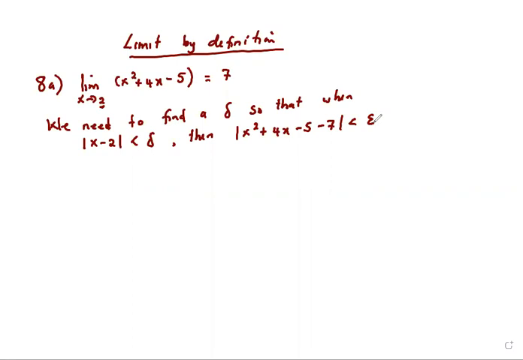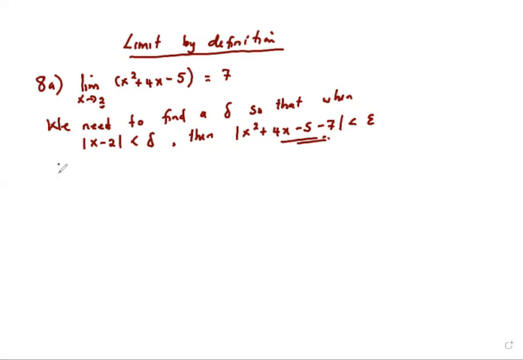So whenever the x minus 2 is less than delta, we demand that the other situation also must hold. So you start with this one. You first have an idea of what the delta is before you use it. So you first find the delta and then use the delta to show that the other situation holds.